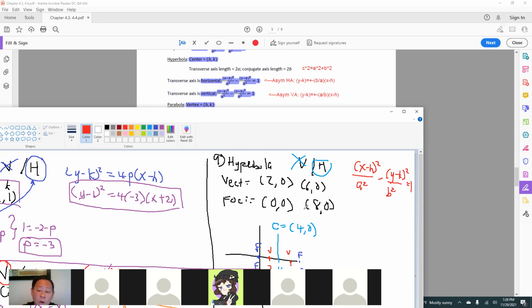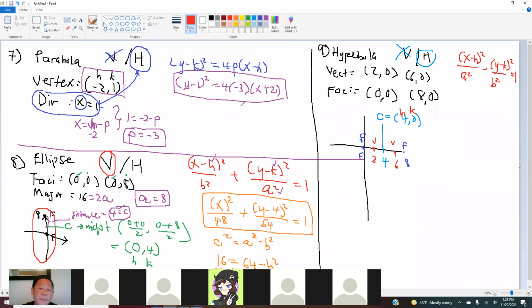And we already know your (h, k) because that is your center. Now we need to figure out your a and b here. So we use the same rules that we used last time. The distance from your center to your vertex is your a. So a in this case is 2, because the difference between 4 and 6, or 4 and 2, is 2.